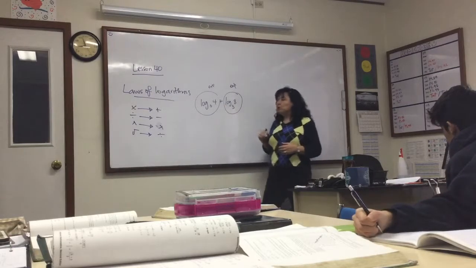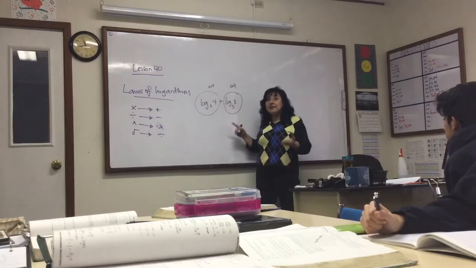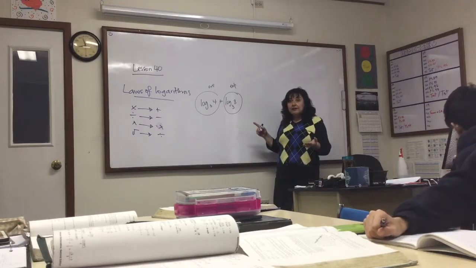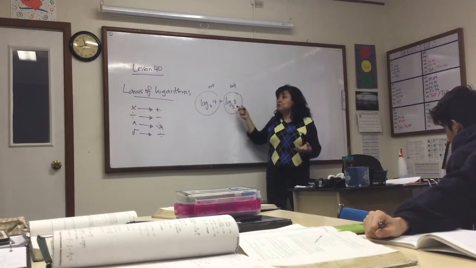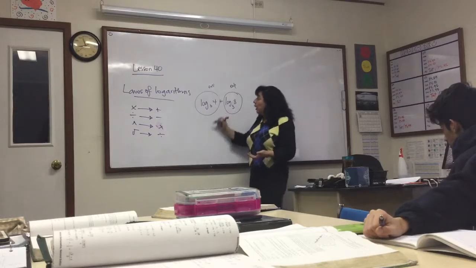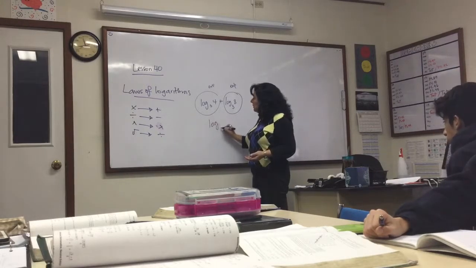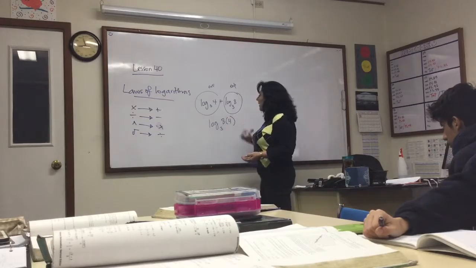You copy the base, and if you're adding, it means you were multiplying, because these represent exponents. So you copy the base and you're multiplying.